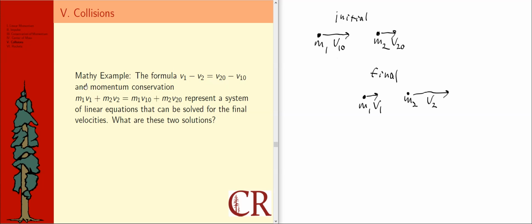Anyway, we're going to take that formula and momentum conservation, which is this formula that we actually used to get to this formula, together with conservation of kinetic energy or mechanical energy. They represent a system of linear equations. If you remember in a math class, maybe at some point you looked at systems of equations where you had two linear equations with an x and a y, and you had to do substitutions or add and subtract multiples of the equations to eliminate one of the variables and then ultimately solve for both of them.